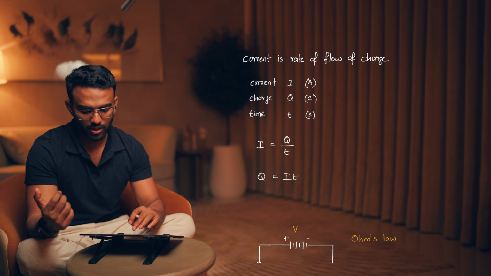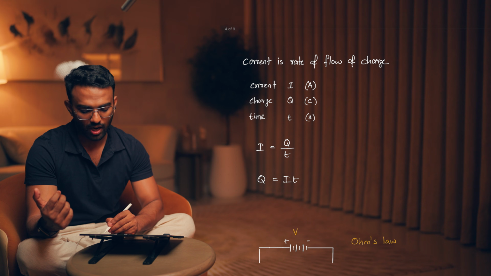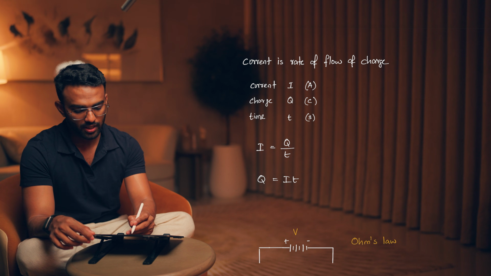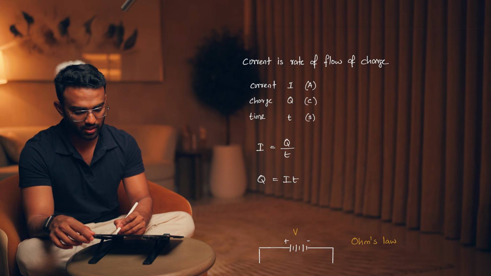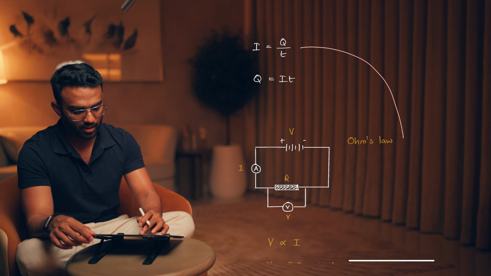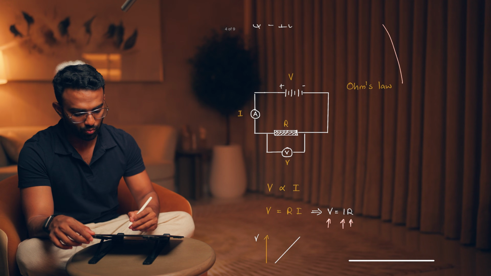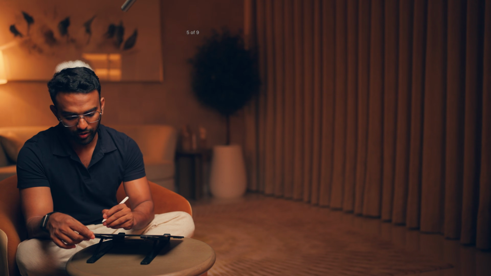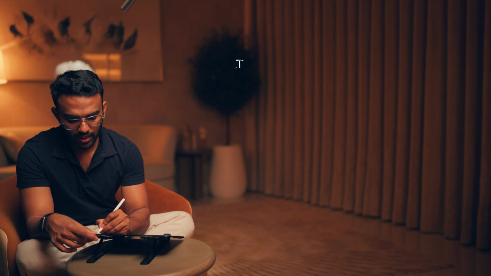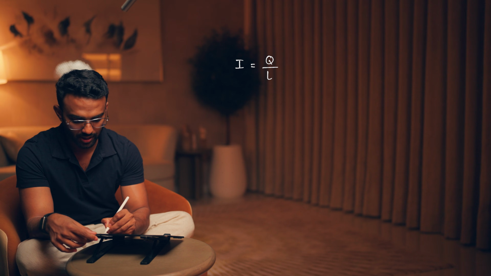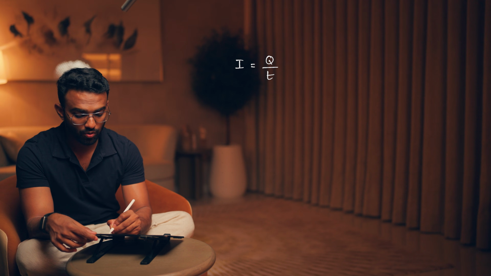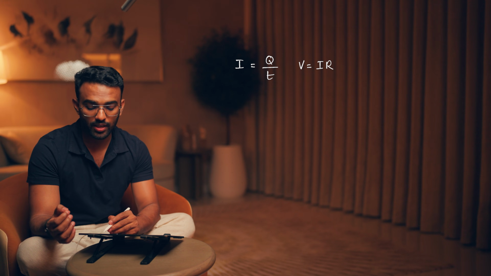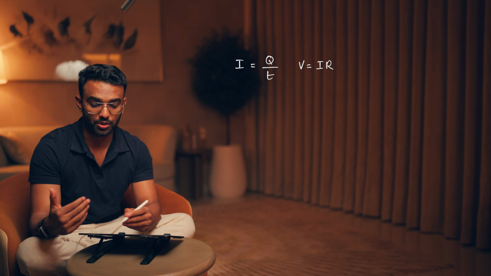Check this out. Do you guys see here we have I equals Q by T? Look at that formula coming together with this formula. Let's join them up. So we already looked at I equals Q by T, and we also know V equals IR. So I just want you guys to replace that I equals Q by T onto the other side.